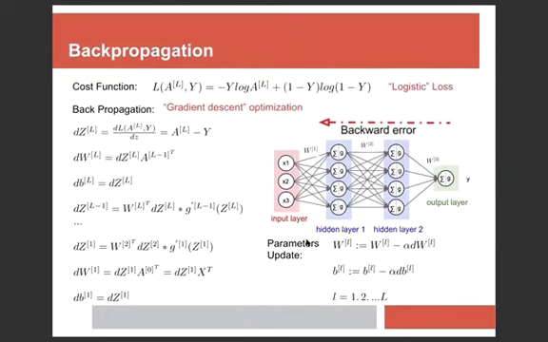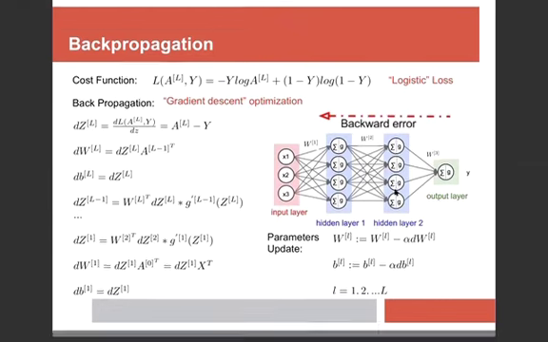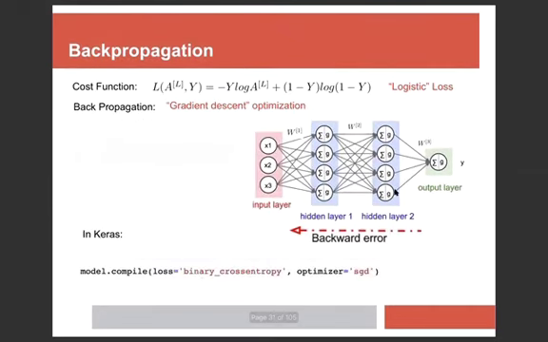Also, the complicated formulas are here, showing how to use the gradient descent optimization to backpropagate the errors. In contrast, in Keras, we only need one sentence and we can do all the backpropagation. Still, we need to specify the parameters for the cost function.